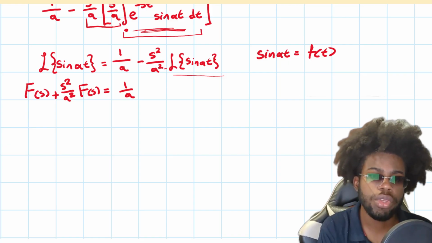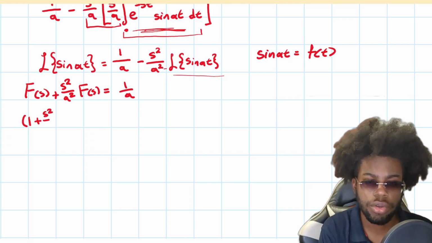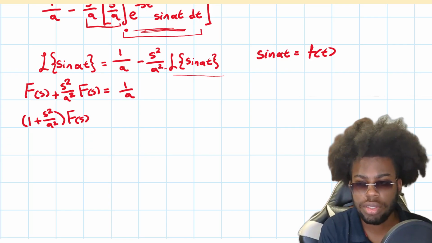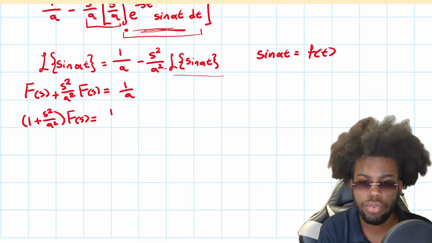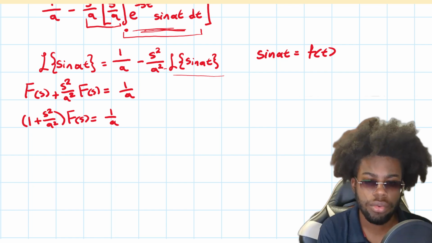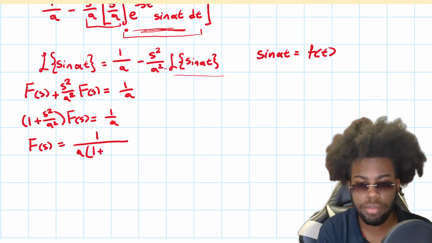Pulling this out, we get 1 plus s squared over a squared, f of s is equal to 1 over a. Cool. Now, dividing both sides, we get f of s is equal to 1 over a multiplied by 1 plus s squared over a squared. Whew.